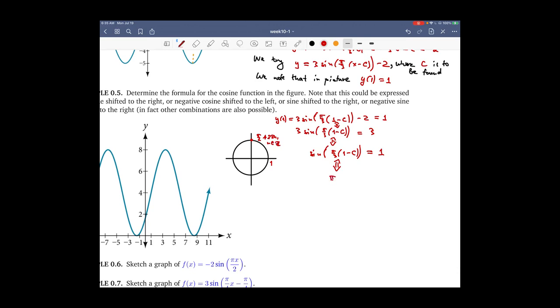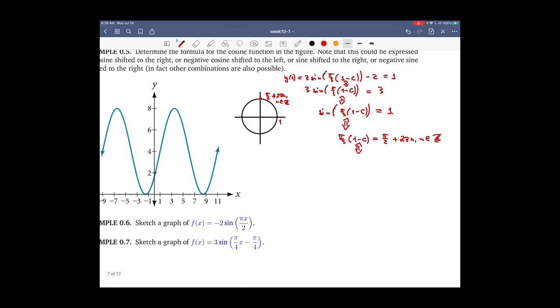So I must then have pi over 3, 1 minus c equals pi over 2 plus 2 pi times n, where n is an integer. And that is equivalent, upon cancellation by pi, that 1 minus c over 3 equals 1 half plus 2n, n is an integer.